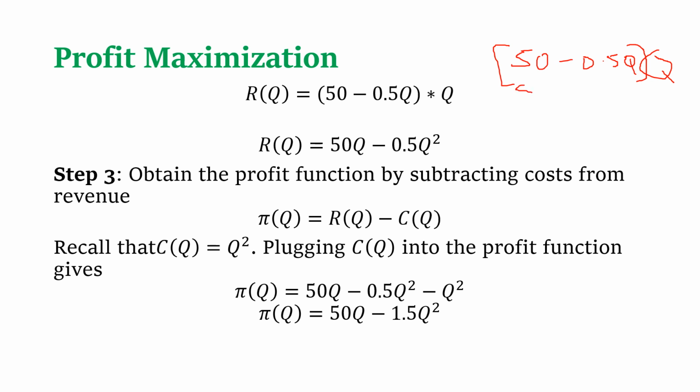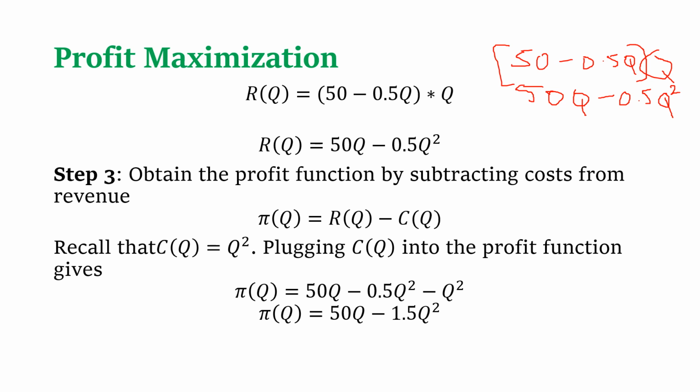And that gives us 50Q minus 0.5 Q squared. So that is minus 0.5 Q squared, right there, which is this one, 50Q minus 0.5 Q squared.